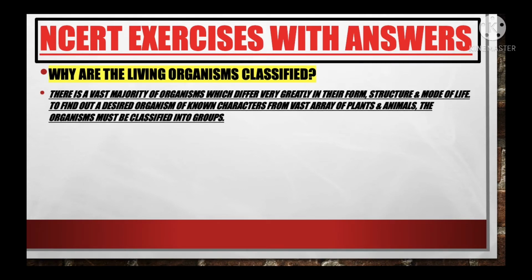There is a vast majority of organisms which differ very greatly in their form, structure and mode of life. To find out a desired organism of known characters from a vast array of plants and animals, the organisms must be classified into groups.